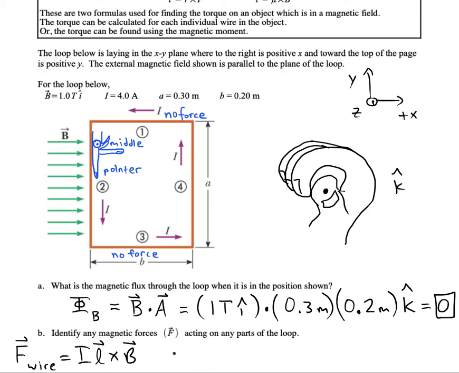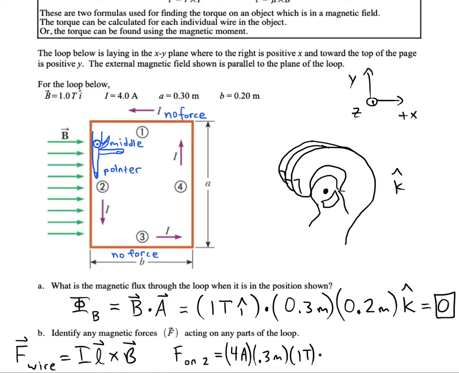How much force? The force on wire 2 will equal the current, 4 amps, times the length of the wire, 0.3 meters, times the field strength, 1 Tesla.